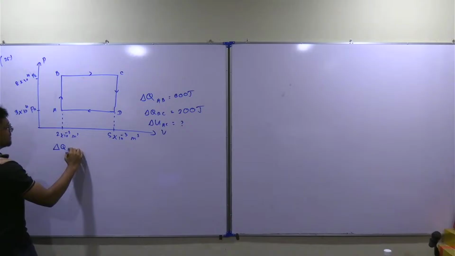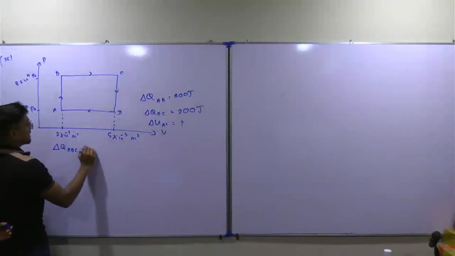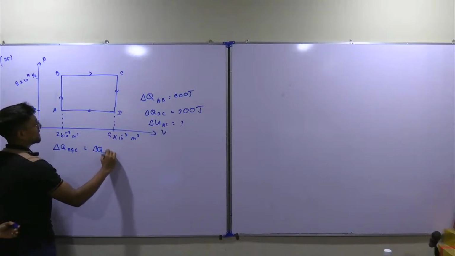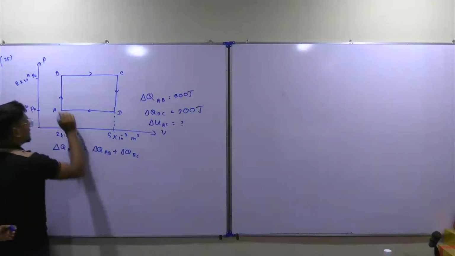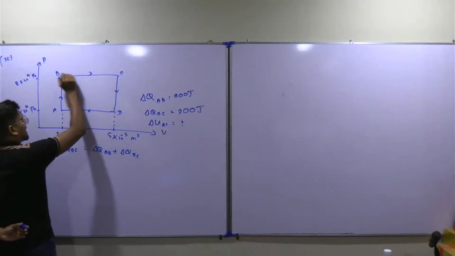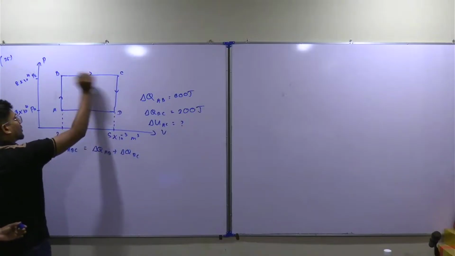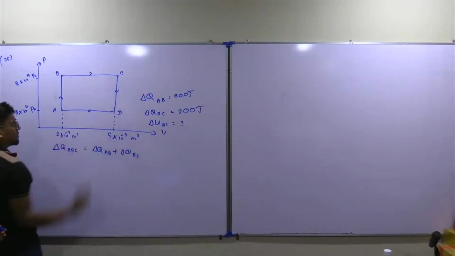Delta Q ABC, heat added along the path ABC, is equal to delta Q AB plus delta Q BC, right? When you are traveling along path ABC, the total heat input is delta Q AB plus delta Q BC.